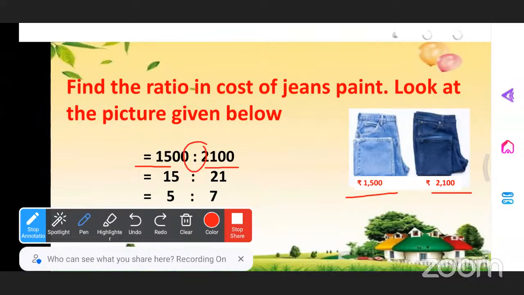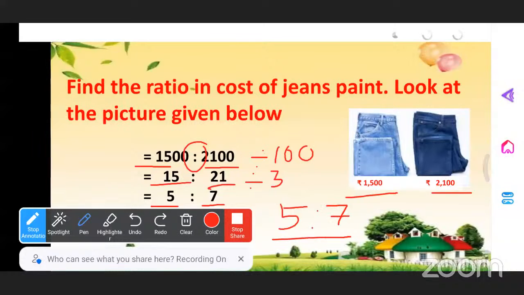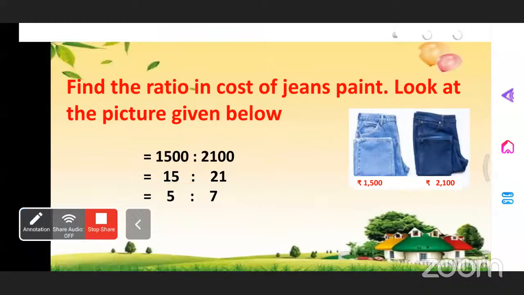Otherwise, I simplify step by step. Divide by the 100 table, so the answer is 15 and 21, and then divide by the 3 table. Here we get 5:7. There are no common multiples, so this is the simplest form.